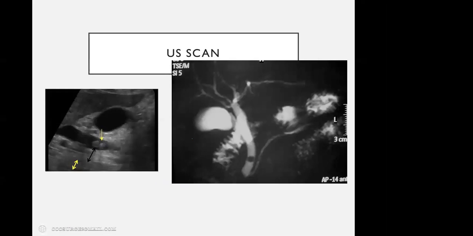Here you could see in the HASTE sequence the fluid containing structures are bright, and this small hypointense stone is very clearly visualized on this MRCP or HASTE sequence. This is the pancreatic duct, this is the common bile duct, this is the gallbladder, this is the duodenum, and these are the intrahepatic biliary radicals. So in MRCP, when you see a stone is there, your job is not completely done.